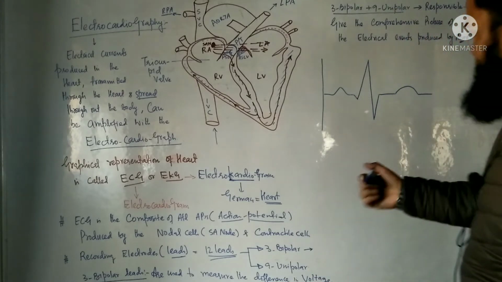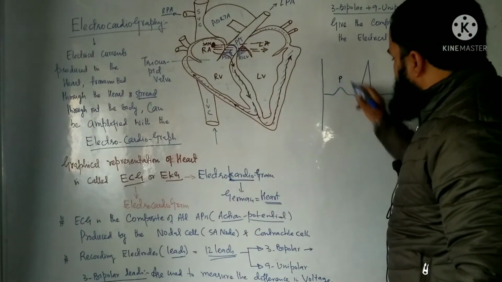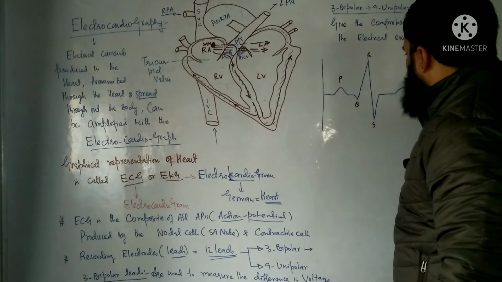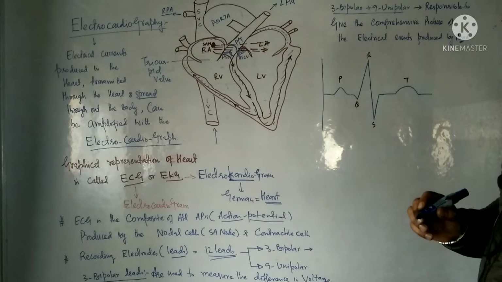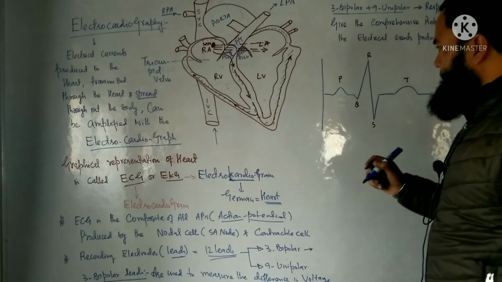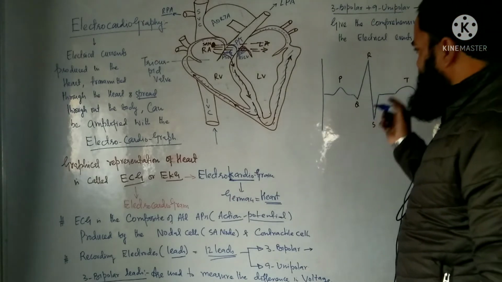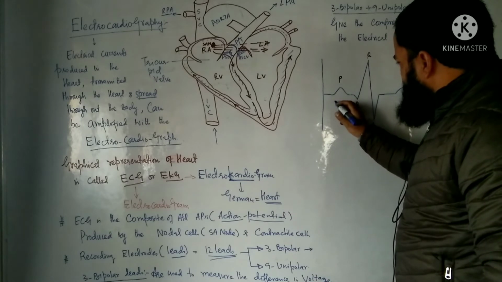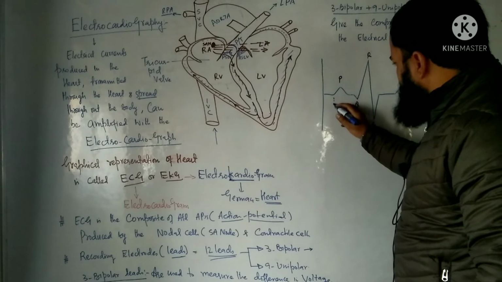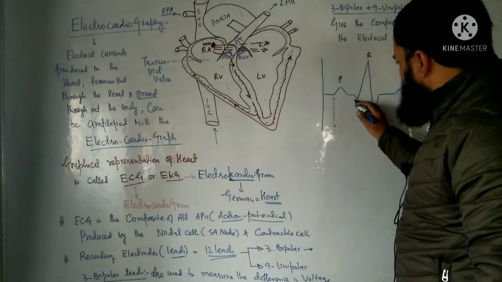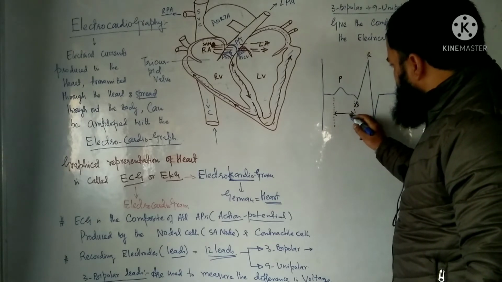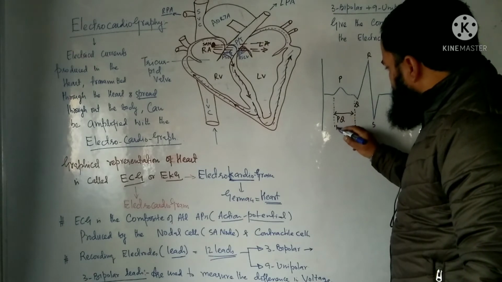I'll mention the names here. This is called the P, this is Q, R, S and T waves. The graphical representation is like this. From P up to the Q, here are some intervals. This is called the PQ interval.